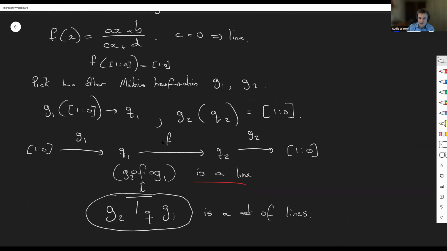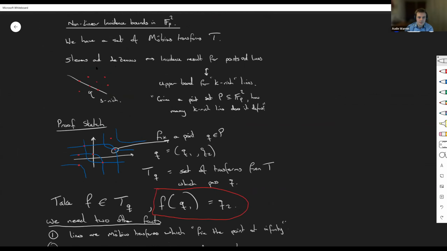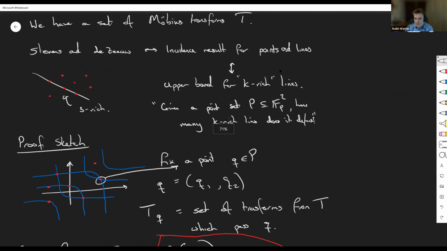That one incidence actually corresponds to the point Q. And what we get is a transformed set of points together with a set of lines which are K-rich. And then we can use this previous bound up here of Stevens and de Zeeuw, which can upper bound your K-rich lines.